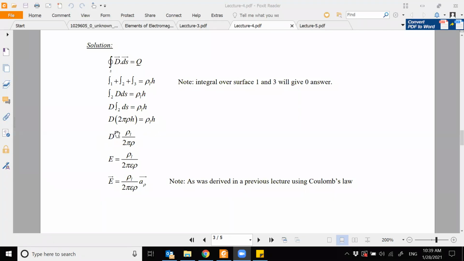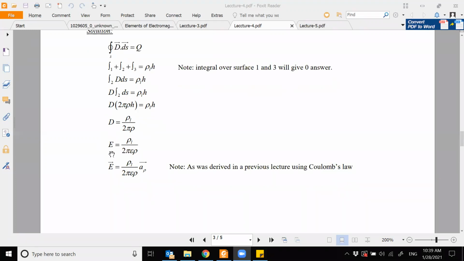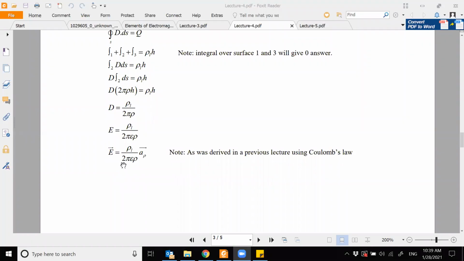Therefore, the magnitude of my electric flux density is rho L over 2 pi rho, or the electric field magnitude is rho L over 2 pi epsilon rho, because D is epsilon E. Therefore the electric field is rho L over 2 pi epsilon rho times a rho. And again, this is what we derived before using Coulomb's law. So from Gauss's law, we are deriving Coulomb's law. Therefore, Gauss's law is the fundamental.